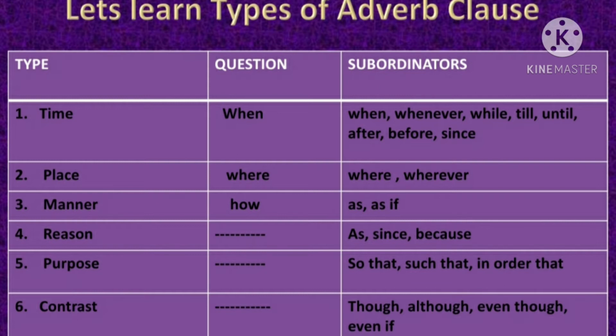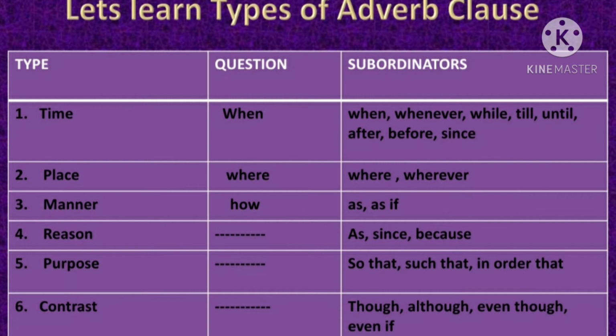To identify adverb clause of contrast, the words that show contrast like though, although, even though or even if. Although I ran so fast, I lost the match. Although I finished my work, I couldn't submit it.